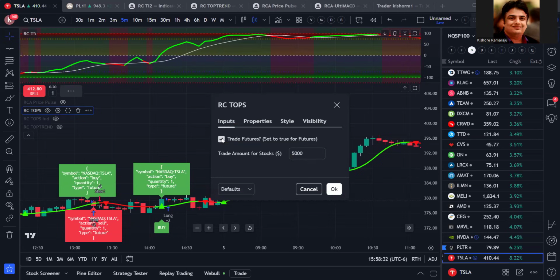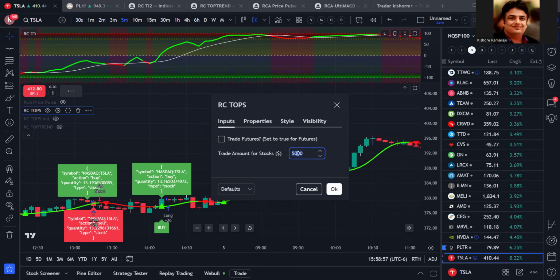For example, if you're trading futures, you can enable this. If you're trading stocks, you can disable this. Right? For example, let us say I have a 50,000 account and I want to use $5,000 for every trade, whatever I take. You can put whatever amount you want. You can put $1,000, you can put $500, you can put $5,000.